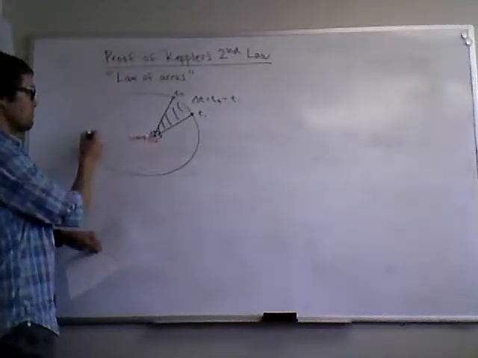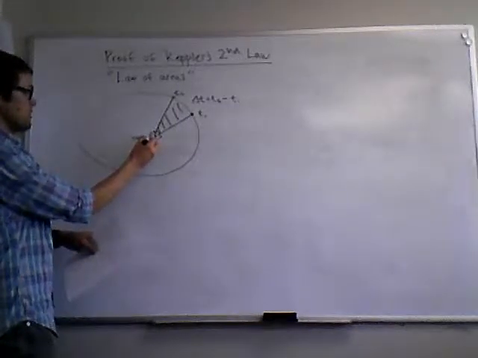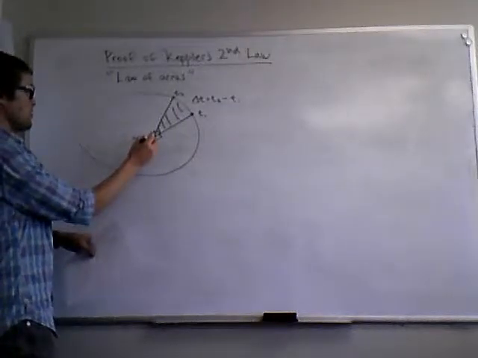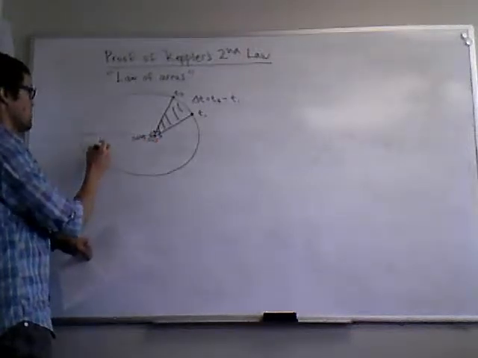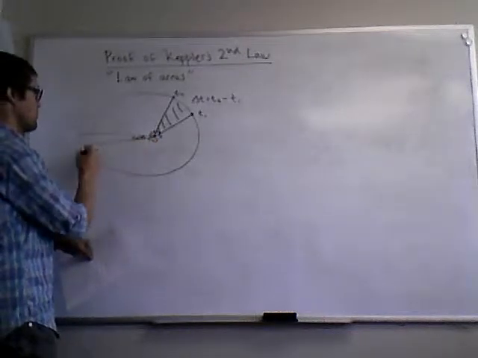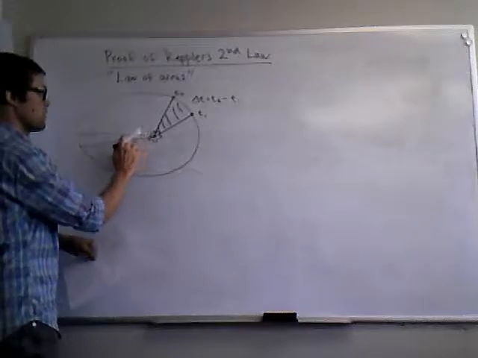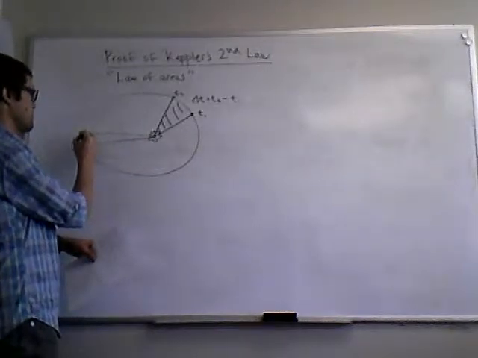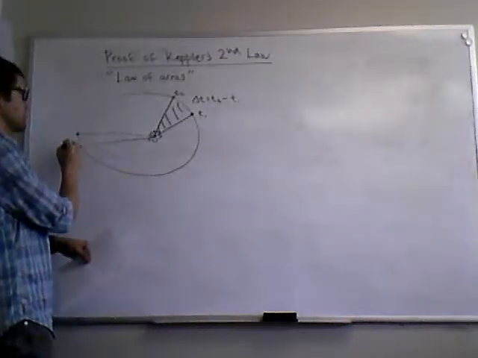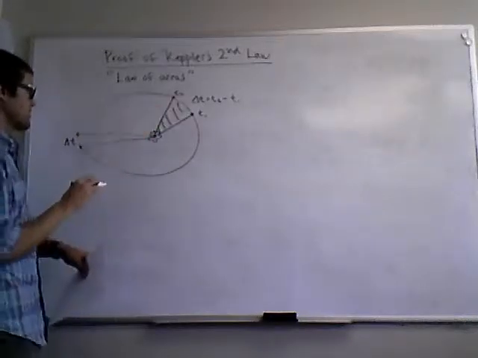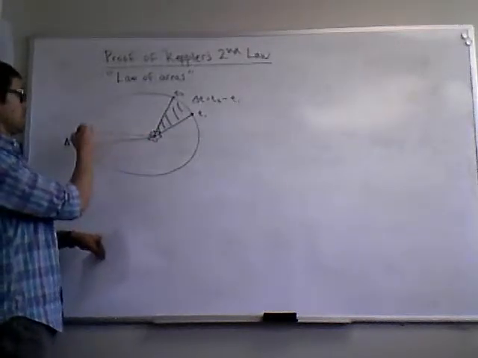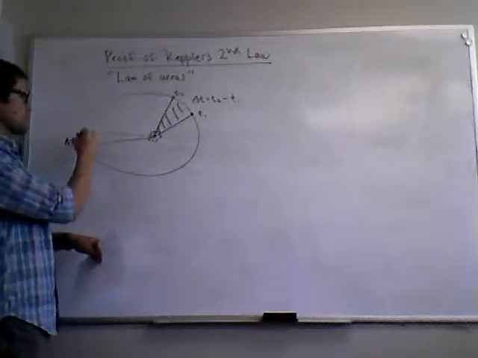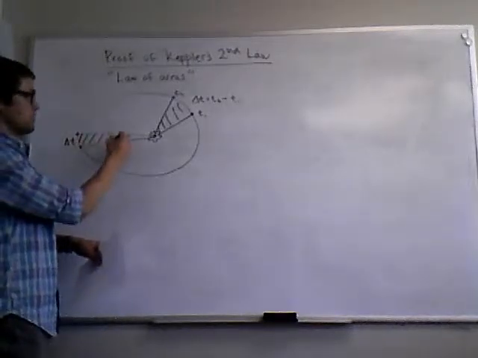So on this more distant part of the orbit, the Earth would be moving slower. So even though the time difference is the same, this would be the same delta t as that delta t. Because the Earth is moving slower out here, it sweeps out an equal amount of area, right?